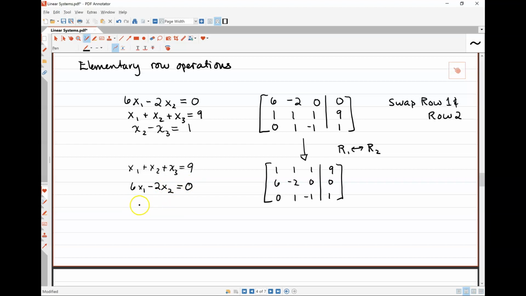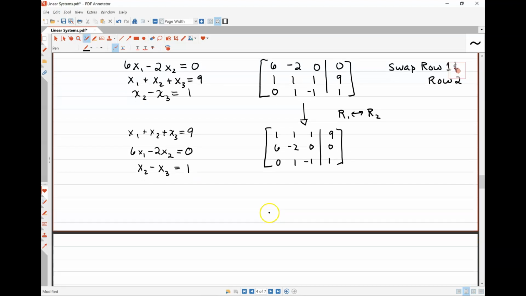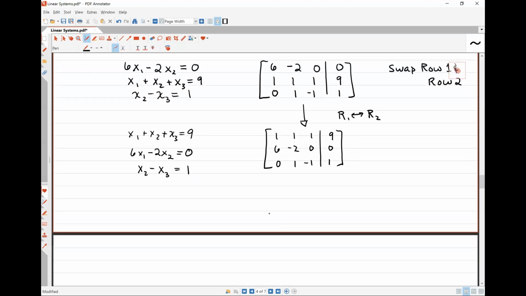And finally, I'd have x2 minus x3 equals 1. So that's one kind of elementary row operation, swapping rows. You can swap the first and the second, or the second and the third, or the first and the third, any pair of rows, and you just use that notation to indicate the transformation.